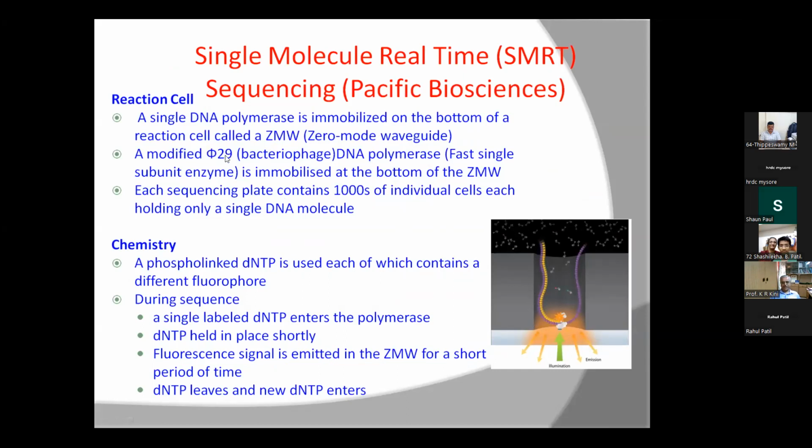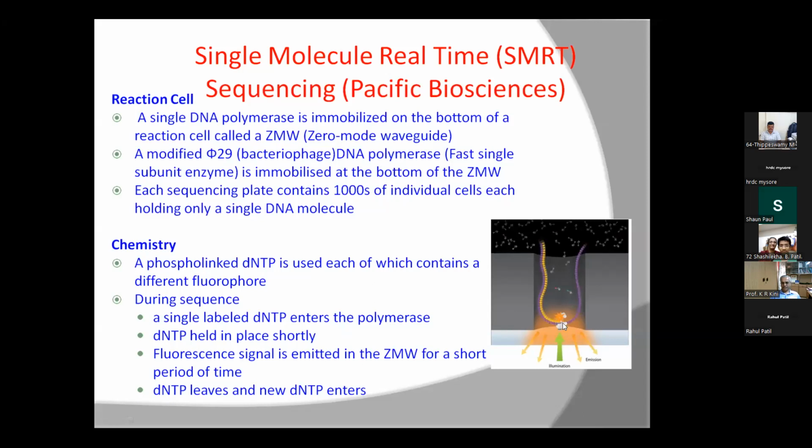The enzyme is a unique enzyme from bacteriophage phi29. It is genetically engineered, and this is a fast single subunit enzyme. The enzyme is immobilized at the bottom of the well, and each sequencing plate contains thousands of these individual cells, each holding a single DNA molecule.